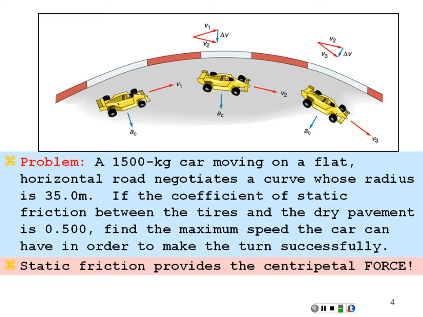It's going to maintain the same radius going around the curve. So that actually will be a static motion in the radial direction. Hopefully it's not going to slide out and become kinetic in the radial direction. So it is static friction on the side of the tires that is holding this car in its circular motion.